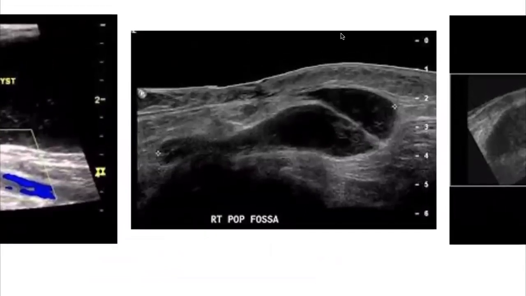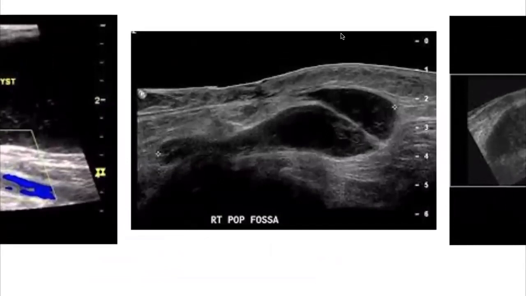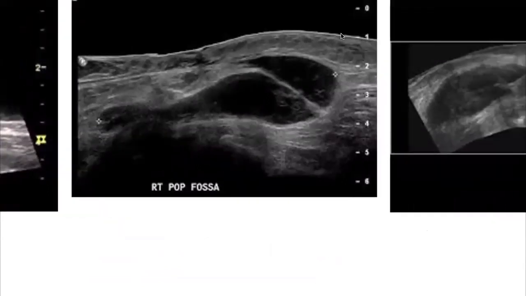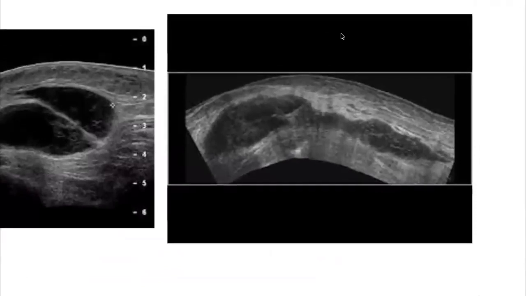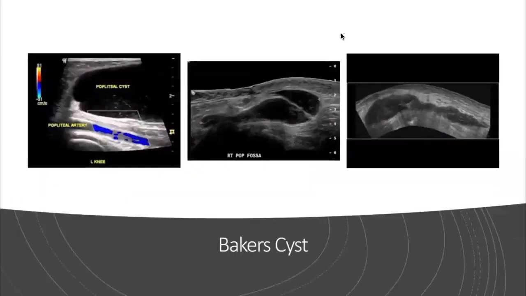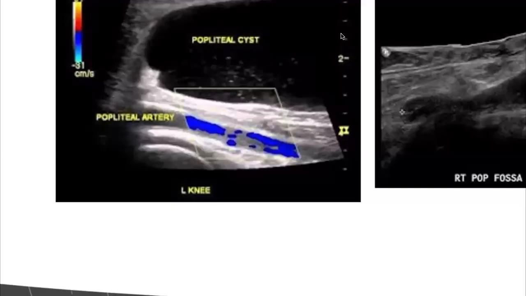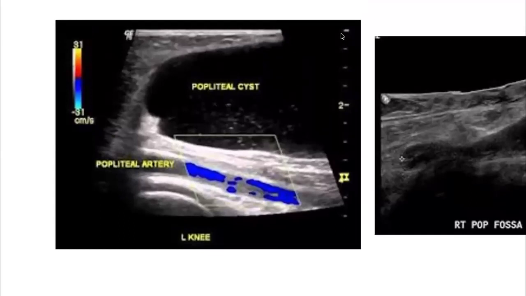This one looks like it has a septation, a line going through it, or a loculation is another way of saying that. They're kind of like dirty cysts. They look a lot worse than they are. They often bleed within themselves, which is why they're called hemorrhagic. And they are not connected to the popliteal vein or artery in any way.